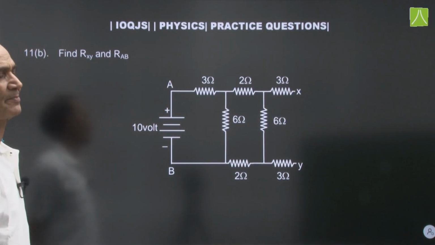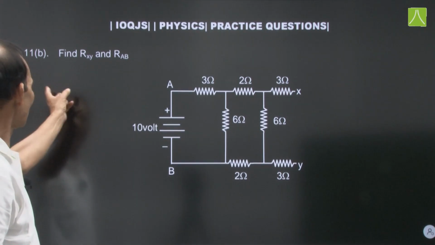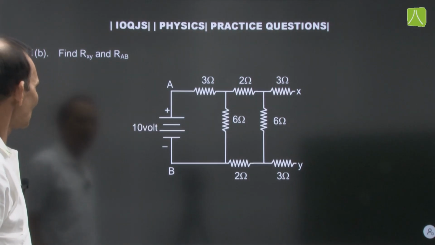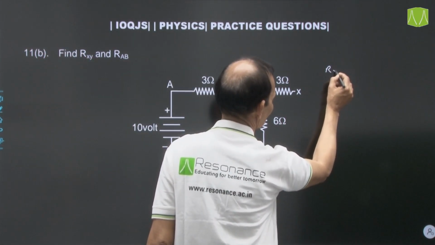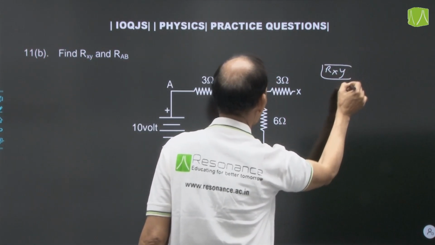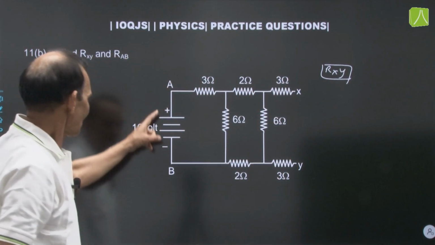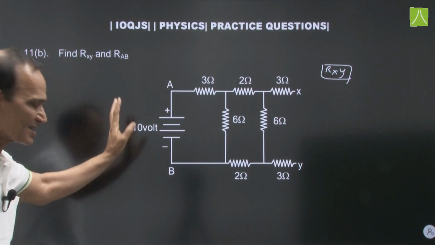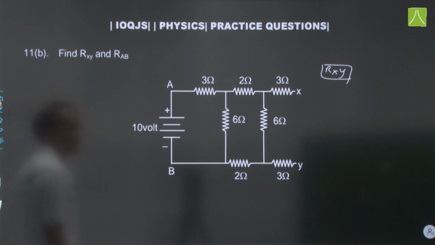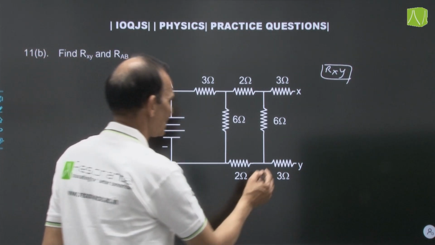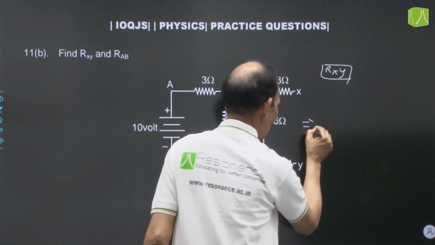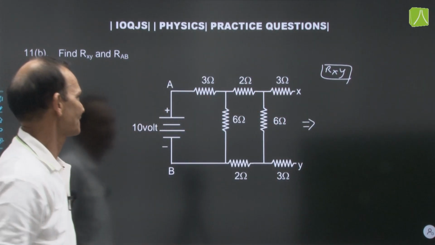This is a very important part. First of all, find RXY and RAB. You have to find RXY. For RXY, think about this first part. The resistance of this battery is not given. It means it is ideal. No resistance is here. So how will we calculate it? I want to redraw this figure.